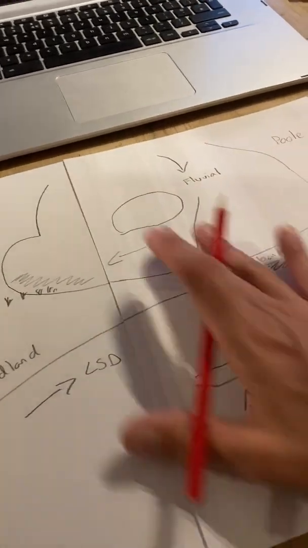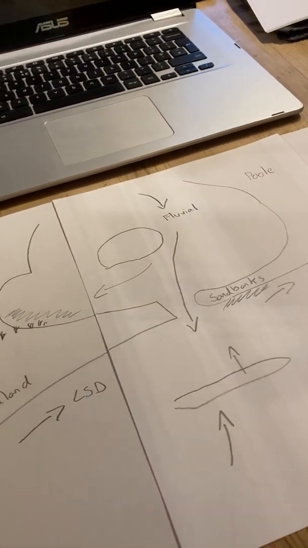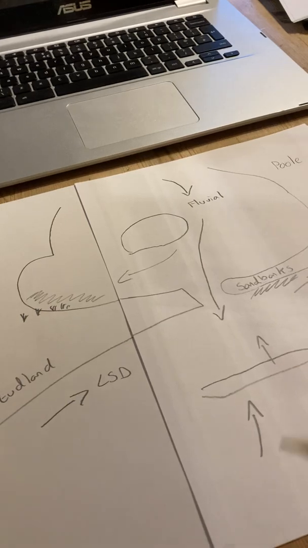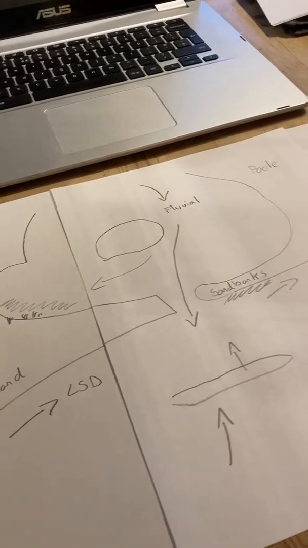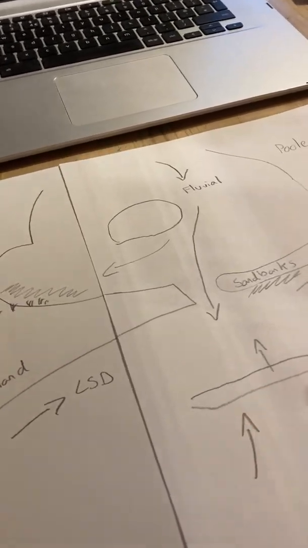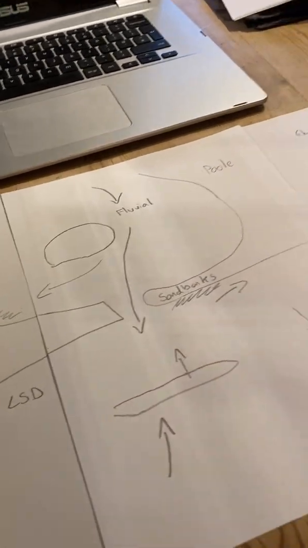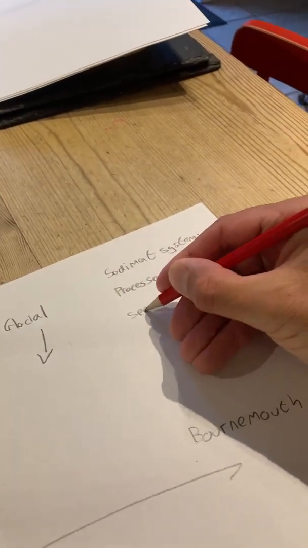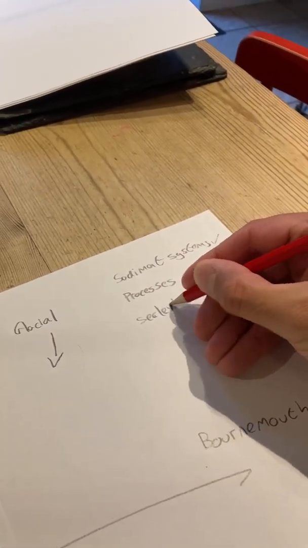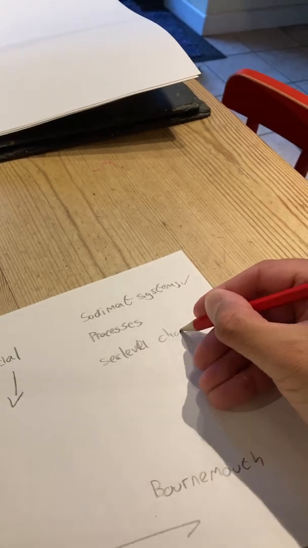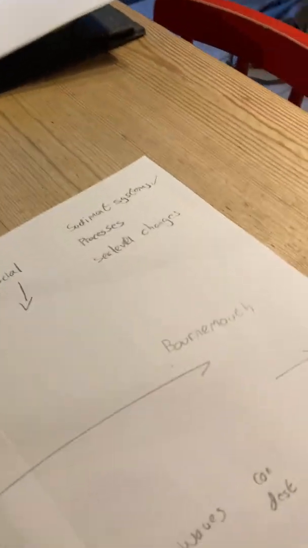Did not happen here, it's not what happened here. But it got flooded and made the Ria. So that's why we get the Ria, because of the sea level rise. Sea level can also bring in sandbars and can change the coastline. It can bring in beaches as well. So we do need to think a little bit as well about sea level changes. That's also important to think about as well.